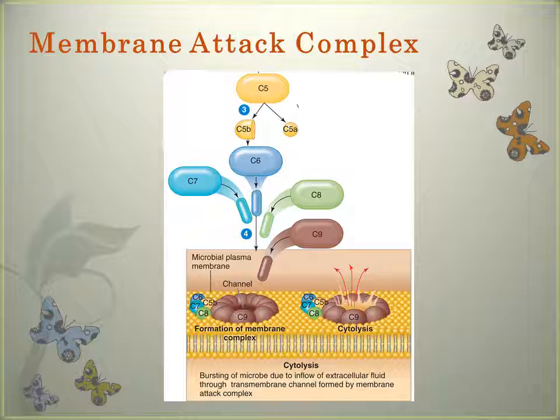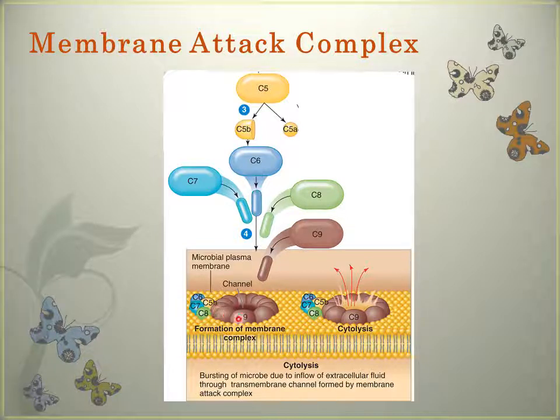Here's one more look at the formation of the membrane attack complex. Different artist rendition. I like this one because it's kind of three-dimensional looking. But anyway, C5 cleaved into C5a, which floats away. C5b converts, and C6, C7, C8 all come together to form this complex in the cell membrane.